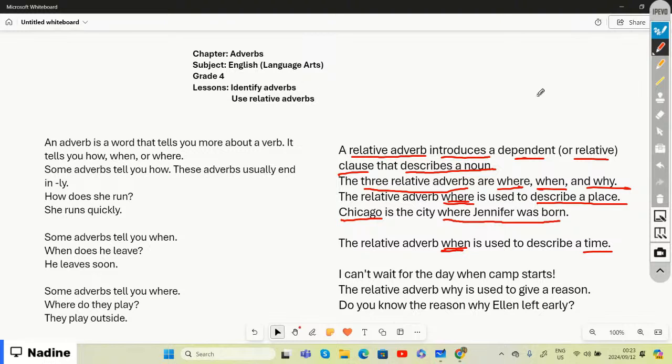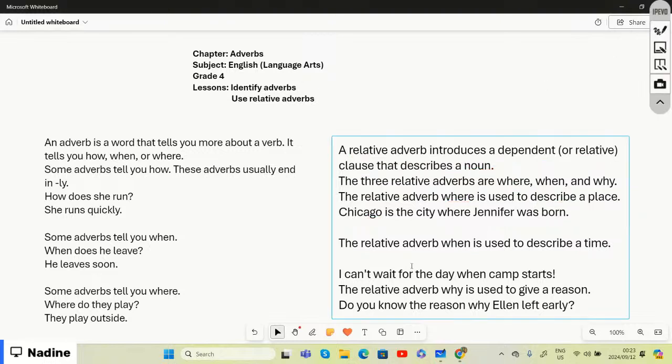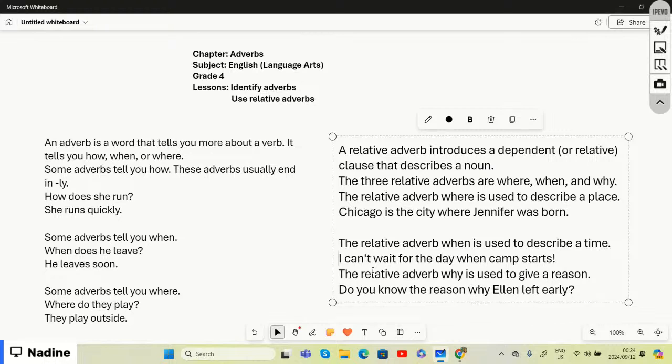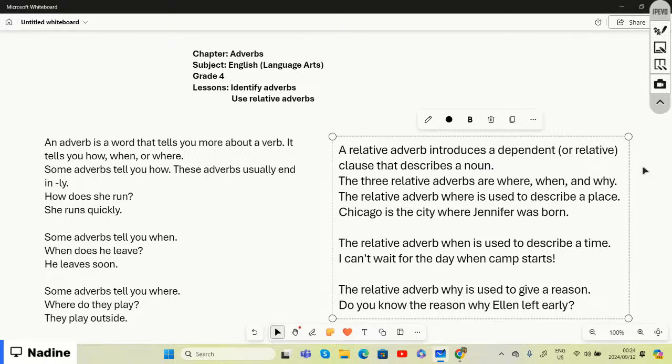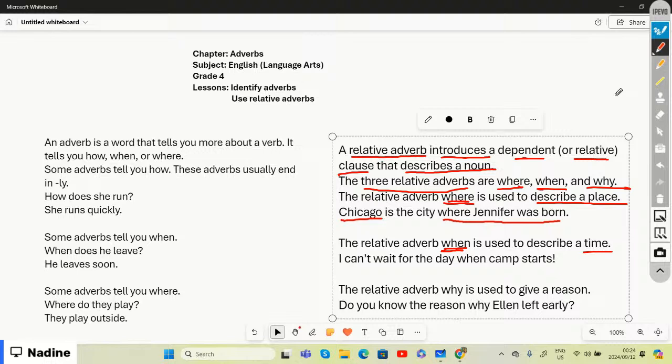And if we look at an example of time, then we can say, I can't wait for the day when camp starts.